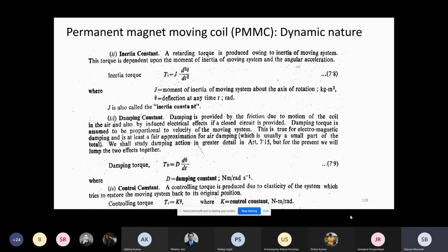So if you say that the damping torque is Td, then Td will be equal to D, where capital D is the damping constant, times d theta dt. Now there is another torque which will come into play, that is the controlling torque.